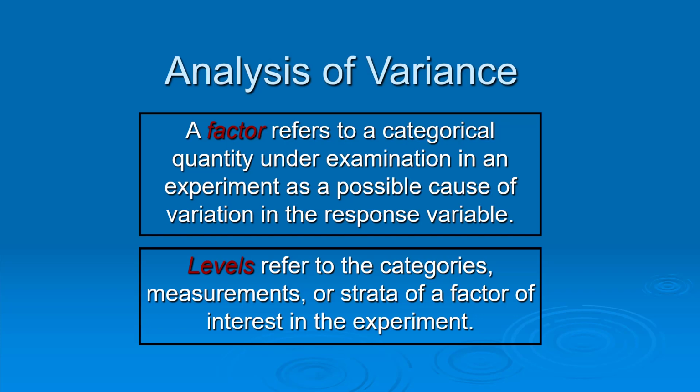Analysis of variance allows us to decide whether the groups are samples from the same population distribution with one and the same mean, or whether they're from different population distributions with different means. It does so by comparing the variance of the response variable between the groups with the variance within the groups.